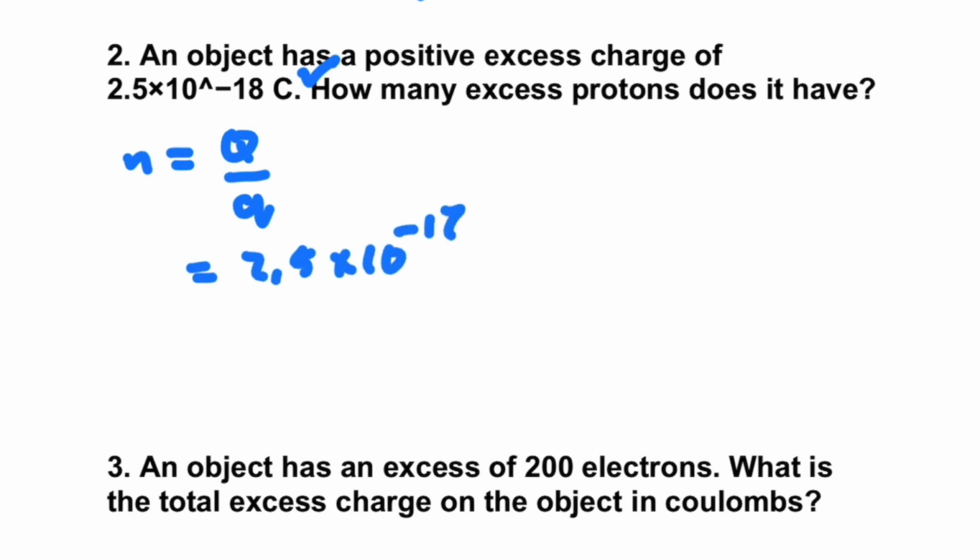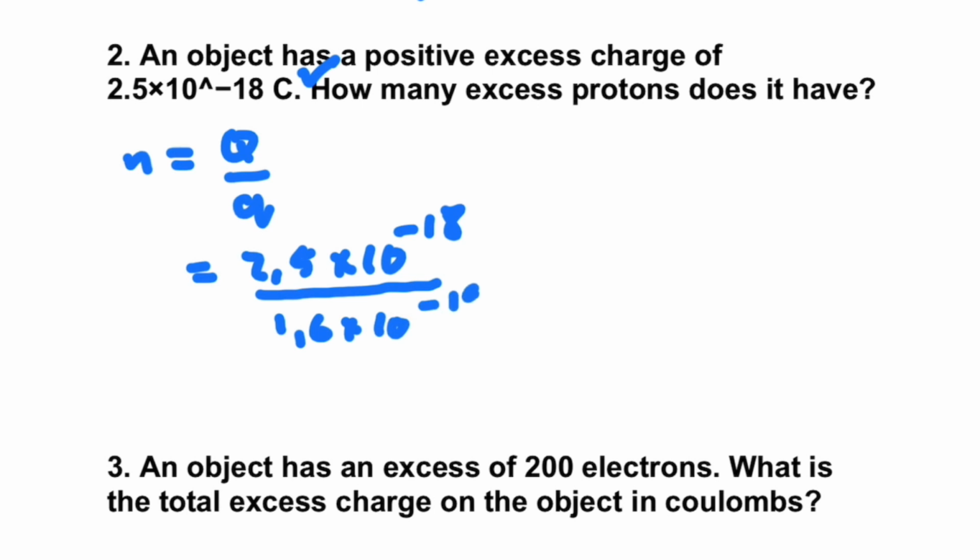This object is positively charged, so it has an excess of protons or a deficiency of electrons. So we're going to have 2.5 times 10 to the minus 18 divided by the charge of a proton, because it has protons in excess. The charge of a proton is 1.6 times 10 to the minus 19.